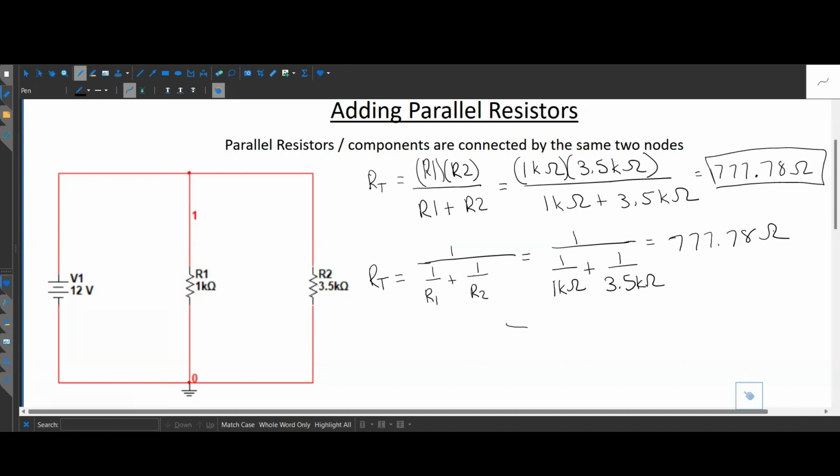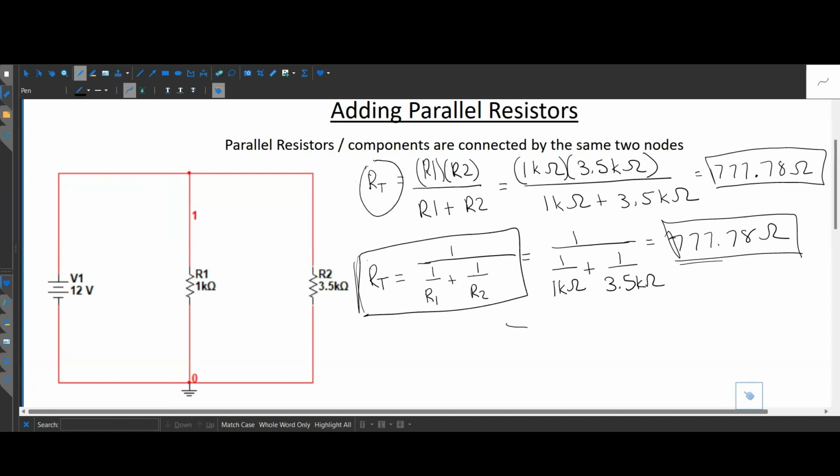My thoughts on both of them: this first one works for quick, simple circuits like this. However, I like the second one as well. It may look a little intimidating at first because of the whole 1/over thing. But the advantage it has over the first one is that it can work for any number of resistors, as we'll see in the next example.